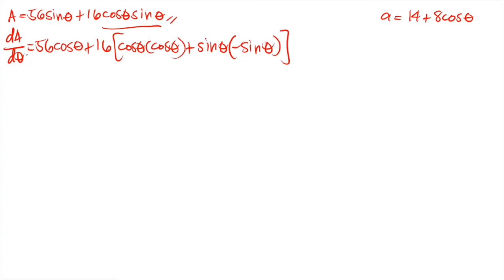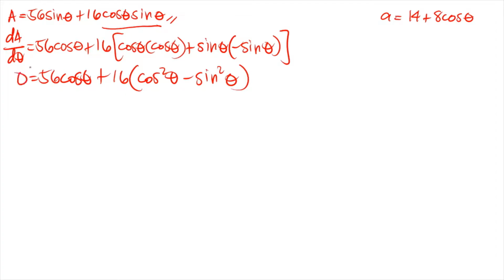Okay, so let's just simplify. We have 56 cosine theta plus 16 cosine squared theta minus sine squared theta. Okay, equate this to 0 to get the critical value of theta.